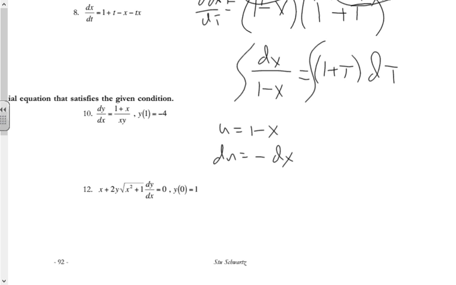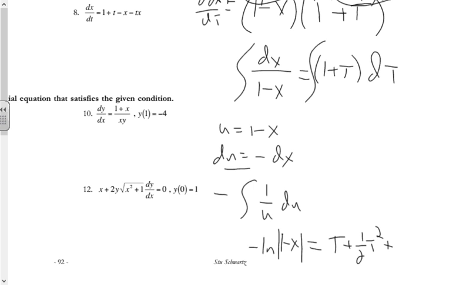So I could think of this as negative integral, because I've got to bring the negative over with the du, right? Negative integral 1 over u du, well, that's going to be the natural log. So negative natural log of 1 minus x equals, so now on this side, I'm going to get t plus 1/2 t squared plus some constant.